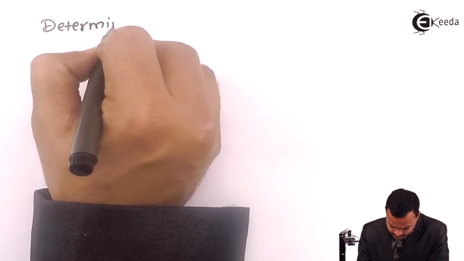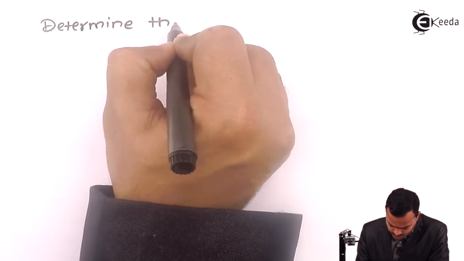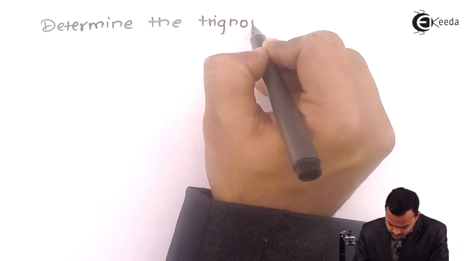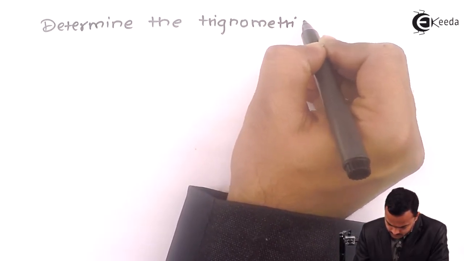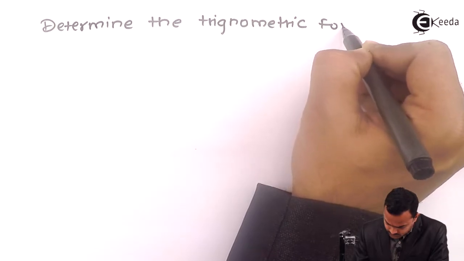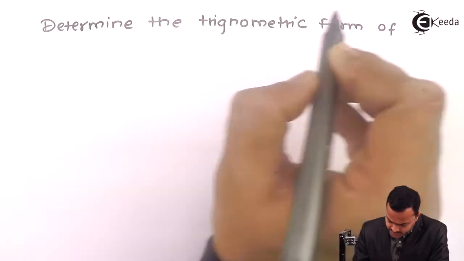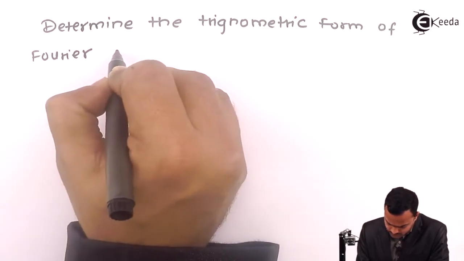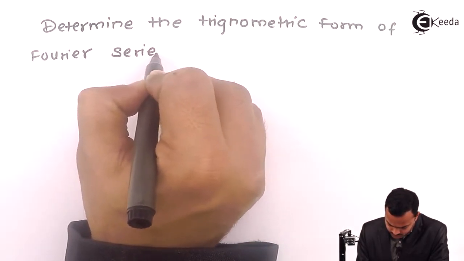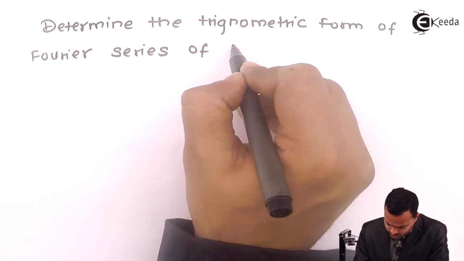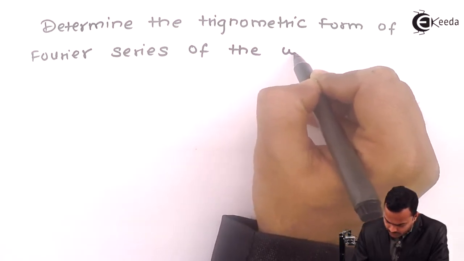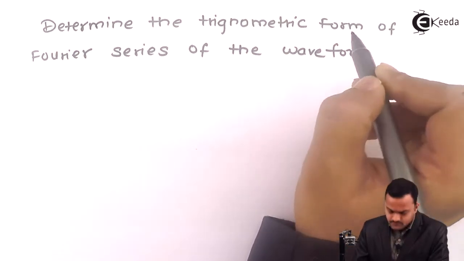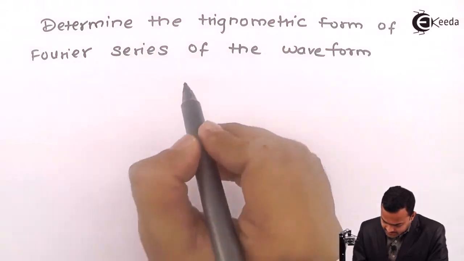Determine the trigonometric form of Fourier series of the waveform shown below. So the waveform is given like this.